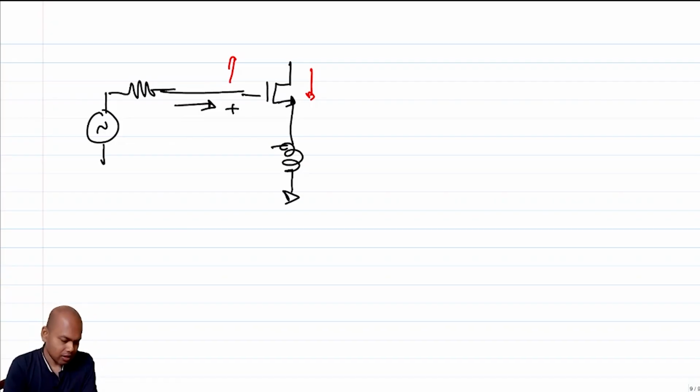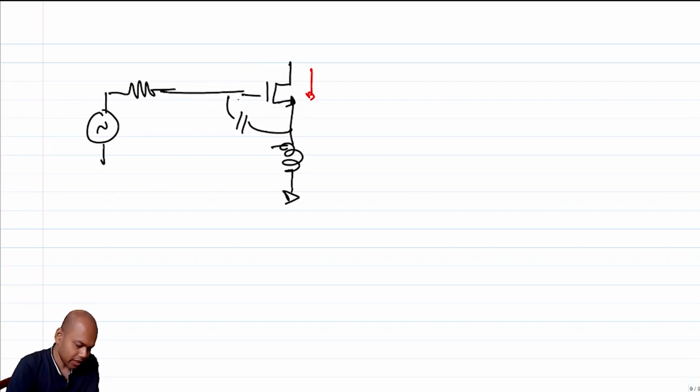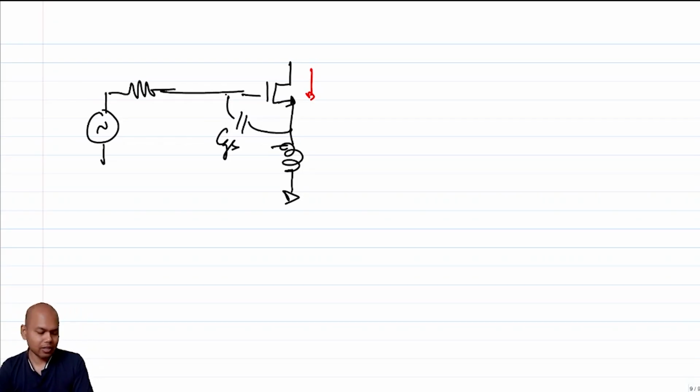Correct? And with respect to the example before, we'll have to put a capacitor between these two nodes. But fortunately, a capacitor already exists, and the capacitor is our CGS, right? That already exists. So what I'm looking for now is the impedance looking into this port, right?